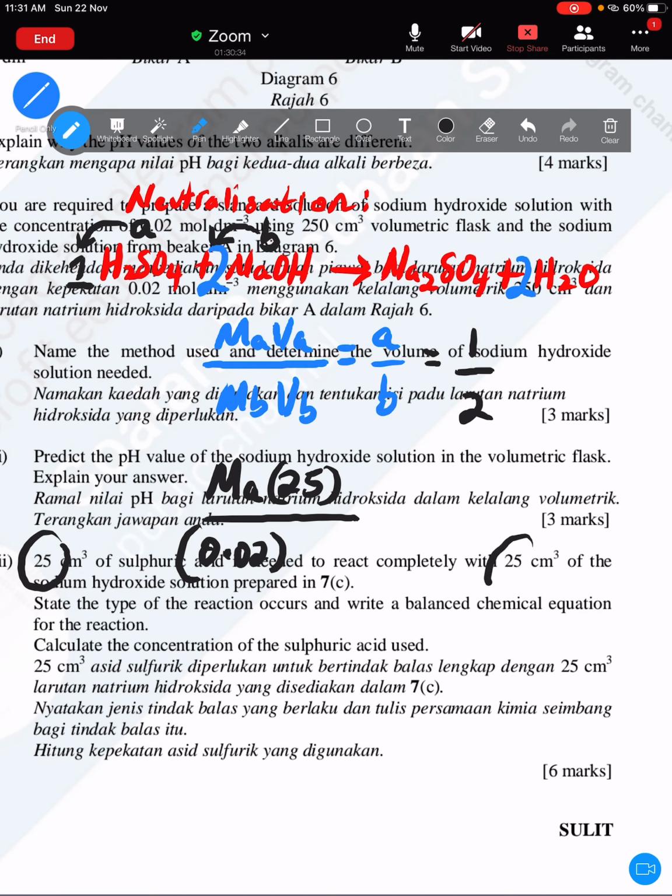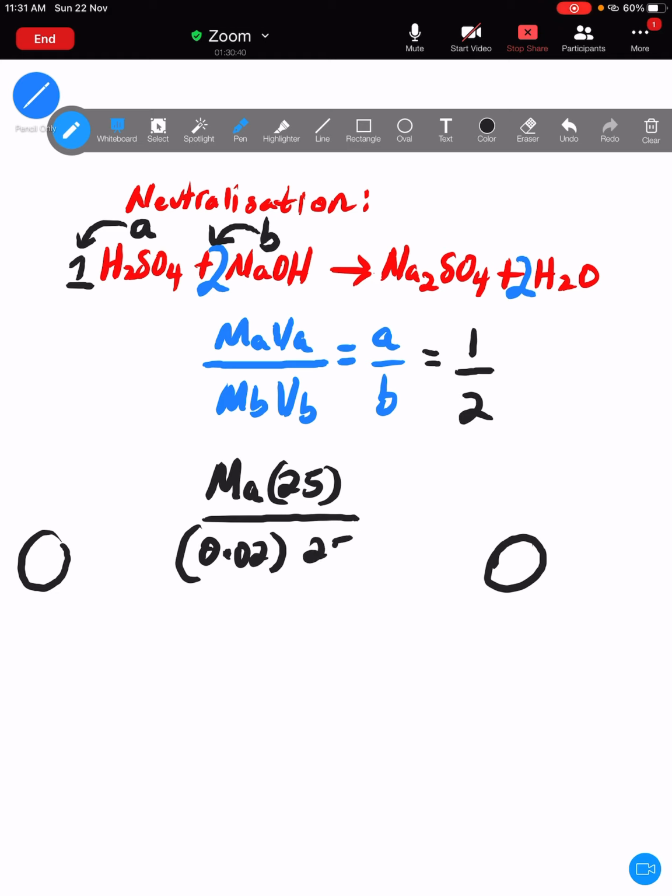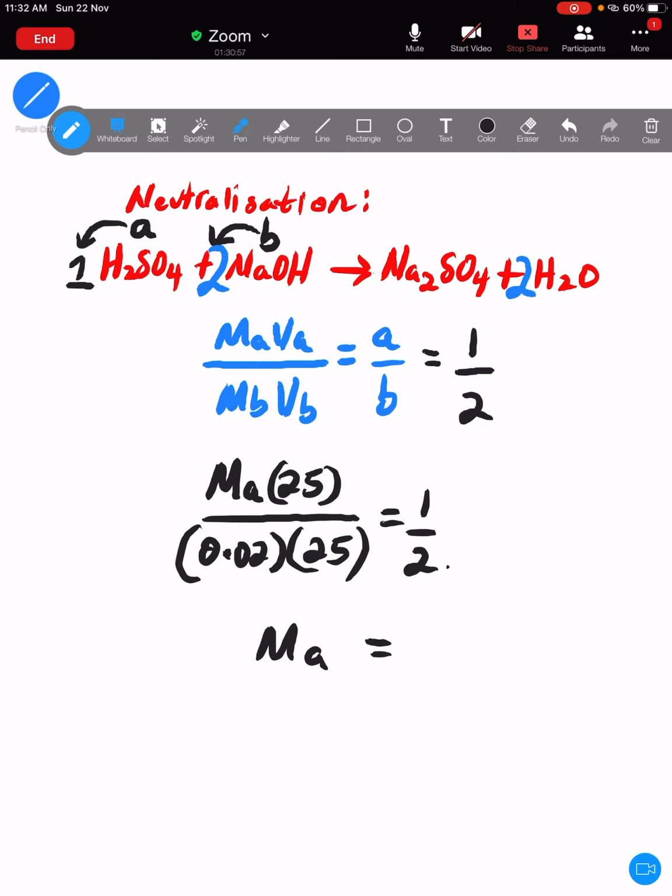The volume is 25, and it equals 1 over 2. Guys, please solve this mathematical formula for me. What do you get?